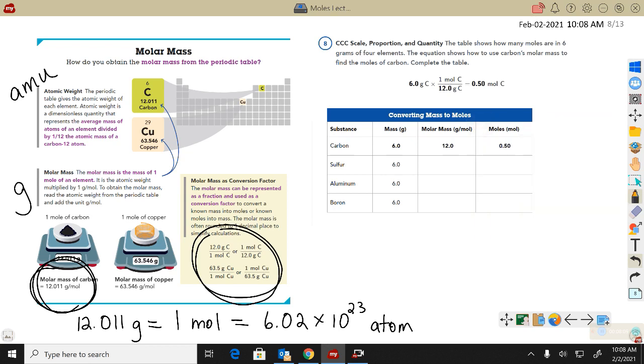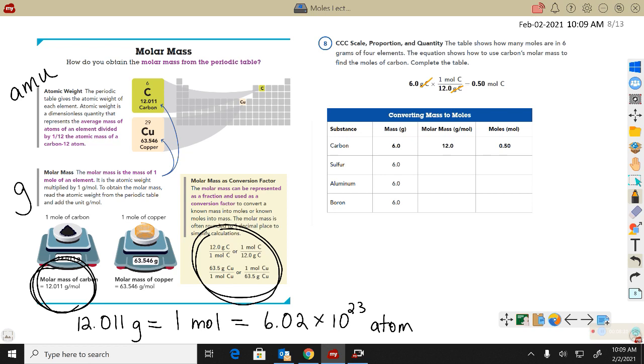This is where all the magic happens, in this process of setting up a proportion to cancel units. The unit that you have is going to go on the bottom of your proportion. I have 6 grams of carbon, but I want to know how many moles that would be. So I start my work by putting the unit on the bottom so they cancel.